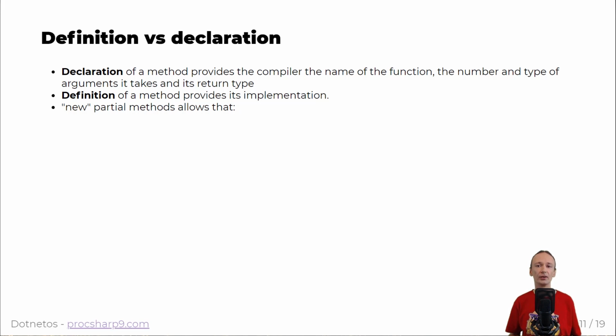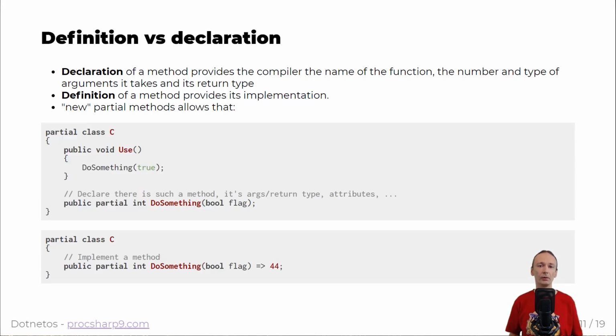So in the end, this is what the new way of treating partial methods allows. We will have one part of the class, a partial class obviously, where we declare what the method is, what the return type is, what the arguments of the method are, what the name of it is. So it is a declaration that somewhere else in another part there is an implementation of it.